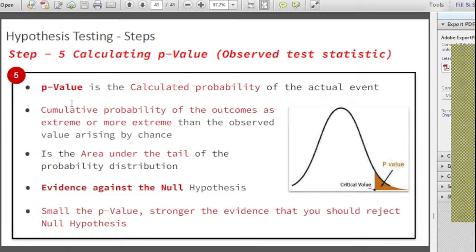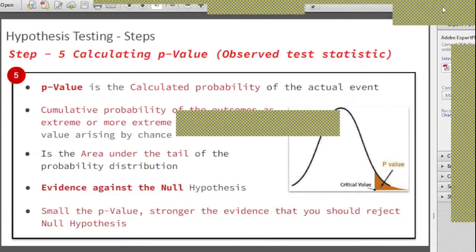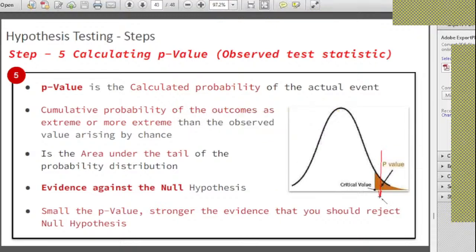P value is also called the cumulative probability of outcomes as extreme or more extreme than the observed value arising by chance. So it is the cumulative value of all the extreme events, right? If this is a p value, all these events which occur on this side, if I cumulate them, that will give me the p value.